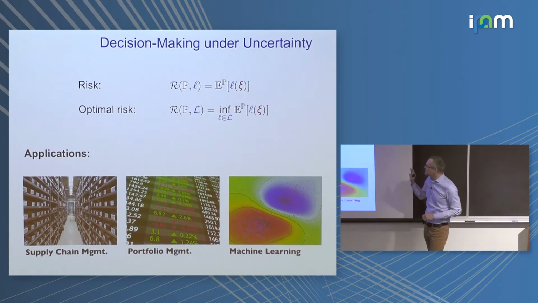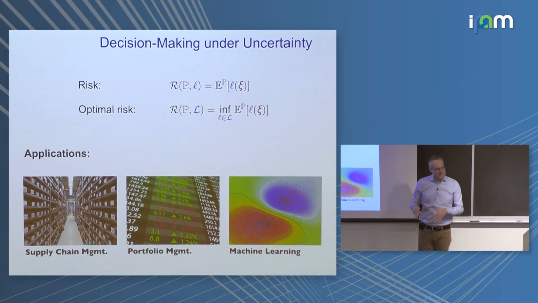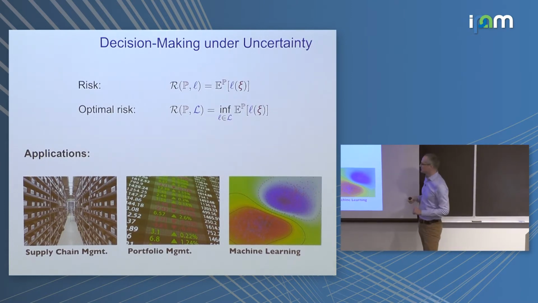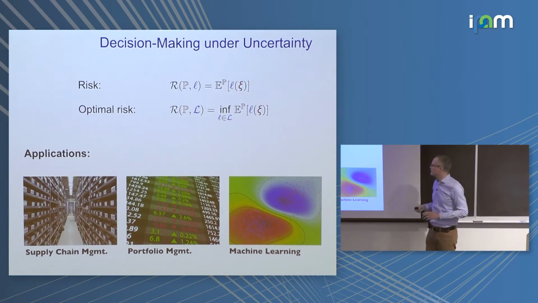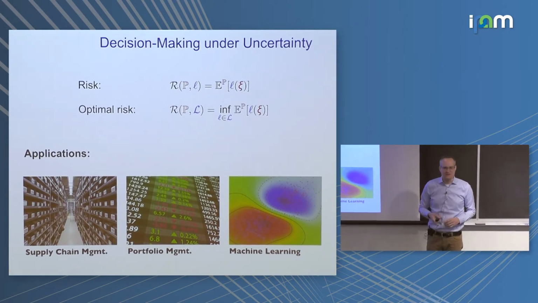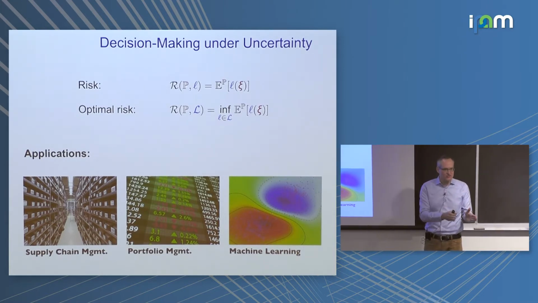I'm going to define the risk of a fixed loss function as the expected loss under the distribution P. And I'm going to define the optimal risk as the infimum of the risk over all admissible loss functions. So this is an abstract way of formalizing one-stage stochastic programs. I notationally suppress explicit variables for the decisions, and I just identify decisions with loss functions. This is just to avoid clutter, so don't worry about that.